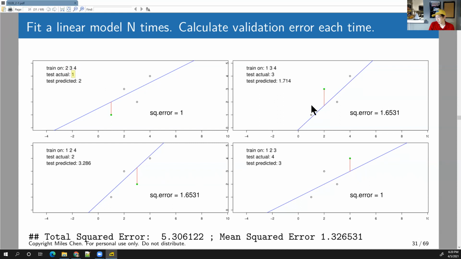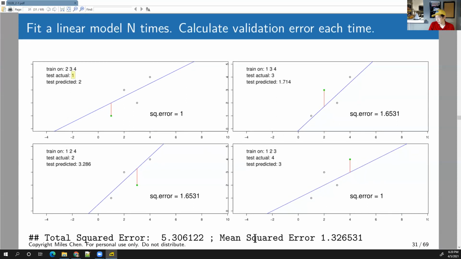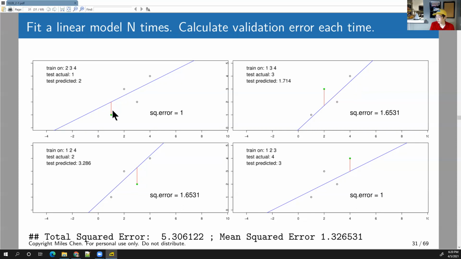If you add these values up, 1, 1.6531, and so on and so forth, you're going to get this as your total squared error. And when you take the average, you're going to get this as your mean squared error. We're always fitting it to everything after you removed that one point, and then you go back and calculate the error for the one you left out. That's what leave-one-out cross-validation does.